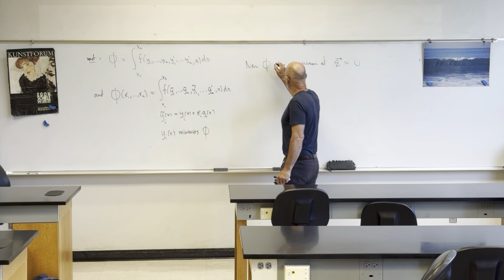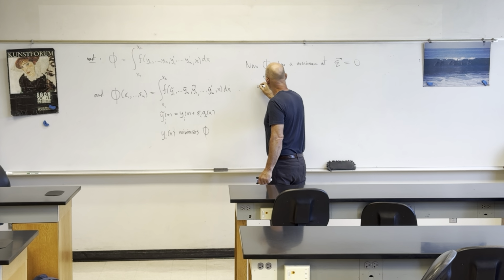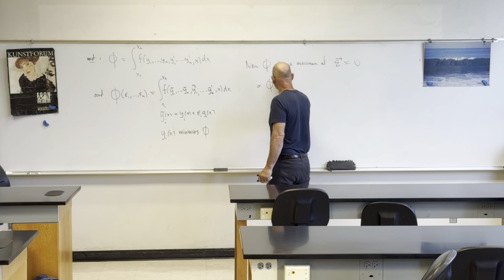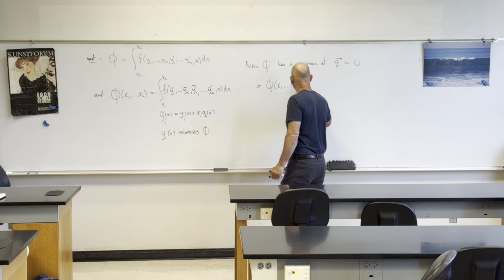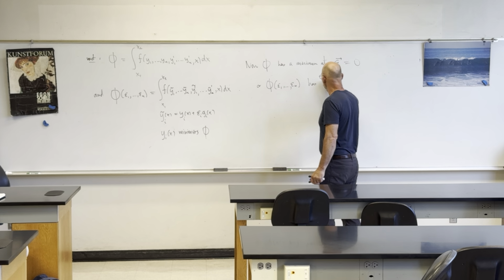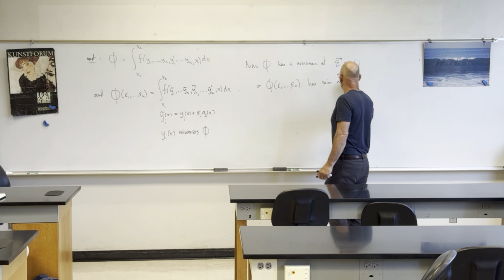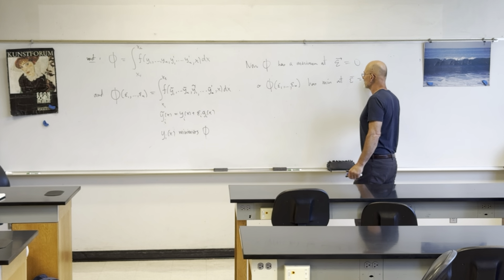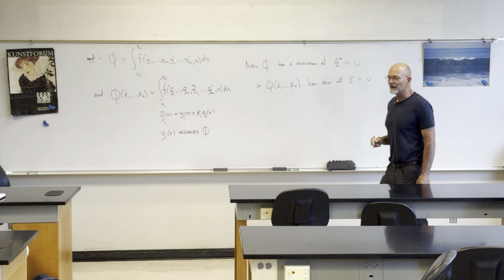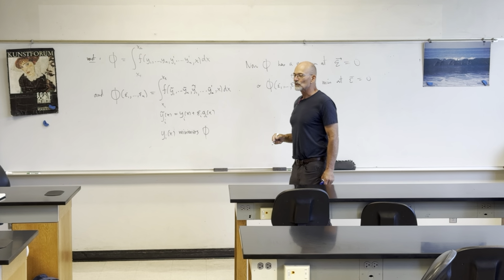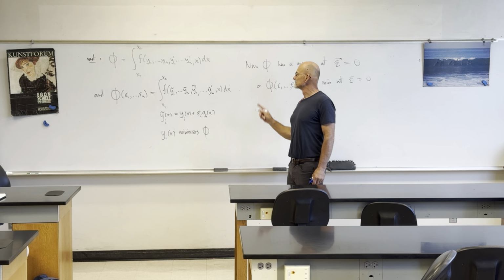In fact, let's go ahead and write this for phi of epsilon 1 to epsilon n as a min at epsilon 0. So remember their multivariable calculus. What's the criterion for a local minimum? Sorry, back up.